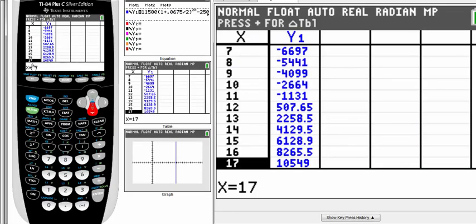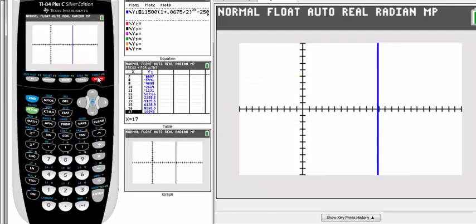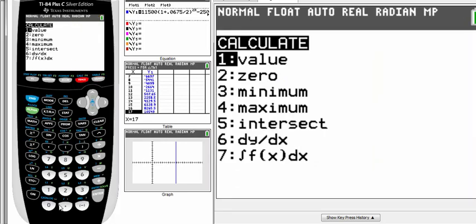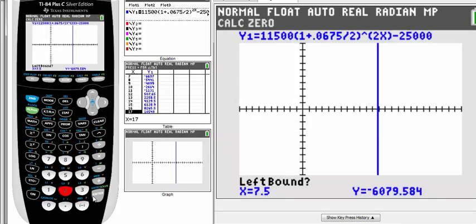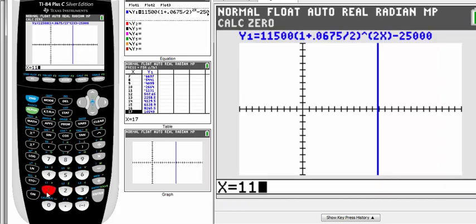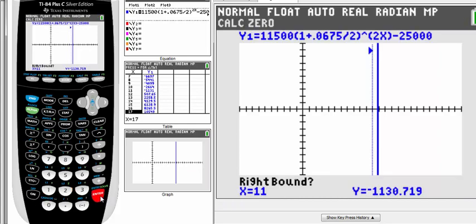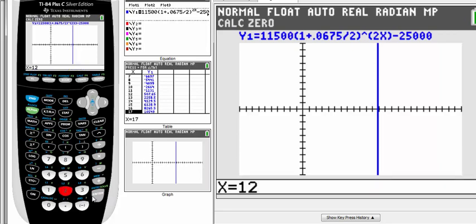Okay, so let's look at our graph again. And again, we figured out it's between 11 and 12 years. So let's go second calc, choose option 2 for the zero of the function. Right here where it says left bound, you can click over if you want, but it's going to be hard because this is almost a vertical line. So I'm just going to put in 11 because we just saw in our table that our answer was between 11 and 12.